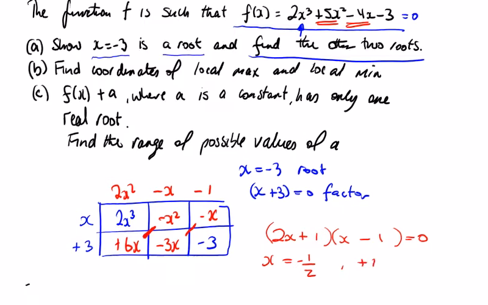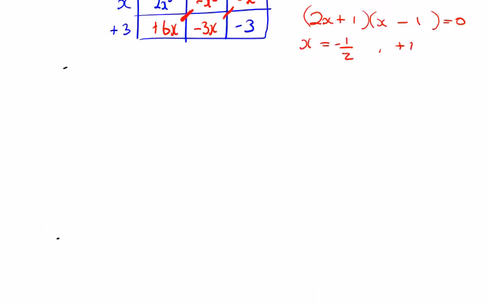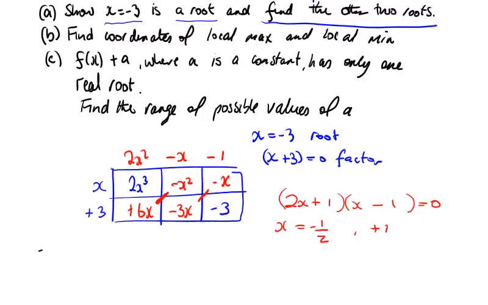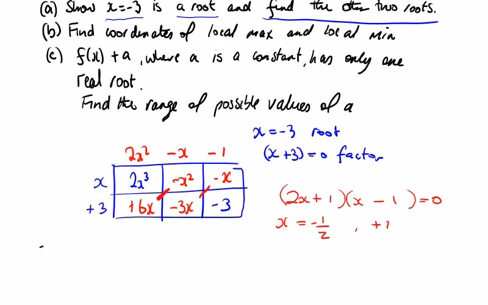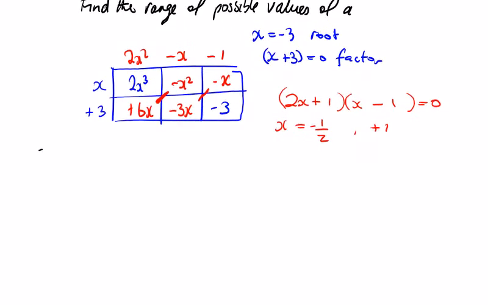So next part of this question, I've drawn them all together up here. We're asked the coordinates of the local max and local min. I'm going to sketch this cubic first. So my roots are at minus 3, minus a half, and 1. It's just a sketch here to try and show us something.